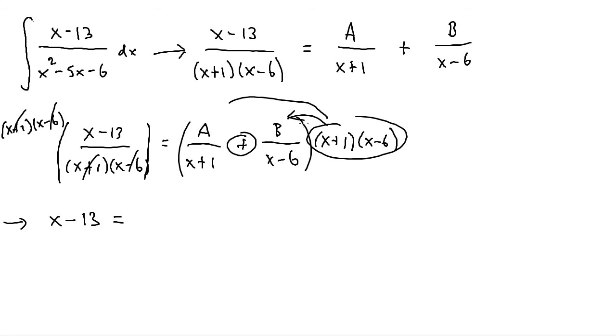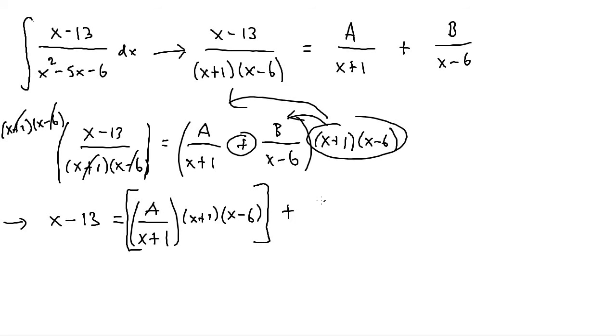On the right side of the equation, since there's a plus here, I can distribute those factors to both of those fractions. So I can rewrite this as a over x plus 1 times x plus 1 times x minus 6, plus b over x minus 6 times x plus 1 times x minus 6.